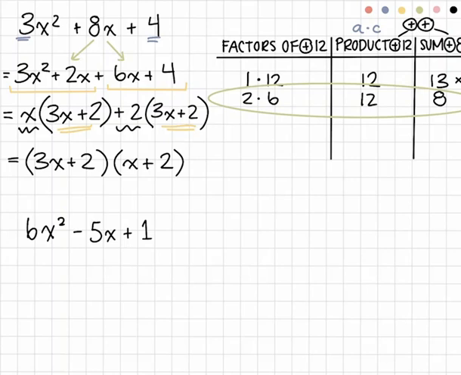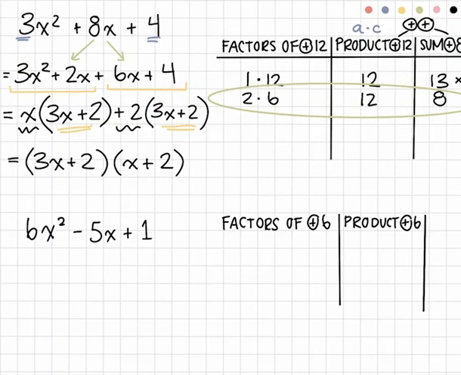Okay, so I see that I am multiplying my a value and my c value, so I'm going to be looking for factors of positive 6. So my product is positive 6, and my sum is, it's going to be tight, there we go, negative 5.